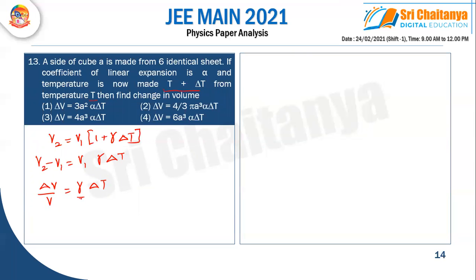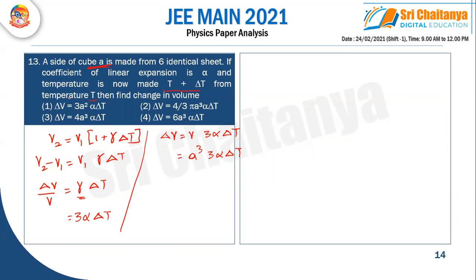Now gamma is 3 alpha, so I have written this, and I'm interested in delta V. I need to cross multiply, and I'll be getting V into 3 alpha delta T. Now this is the volume of a cube of side A, so the volume of a cube will be A cube, times 3 alpha delta T. So 3A cube alpha delta T is the change in volume, which is given as the first option.